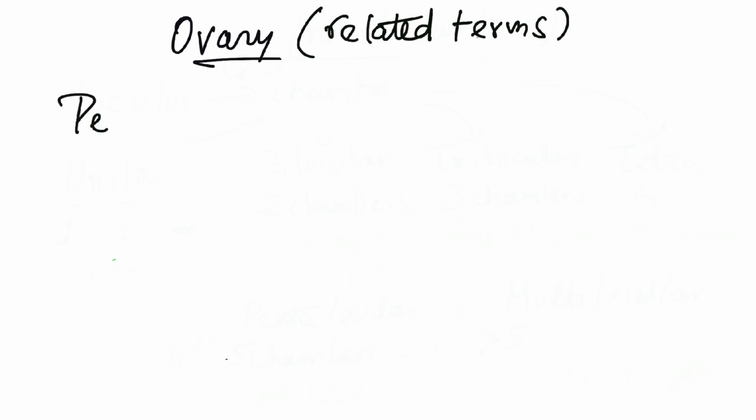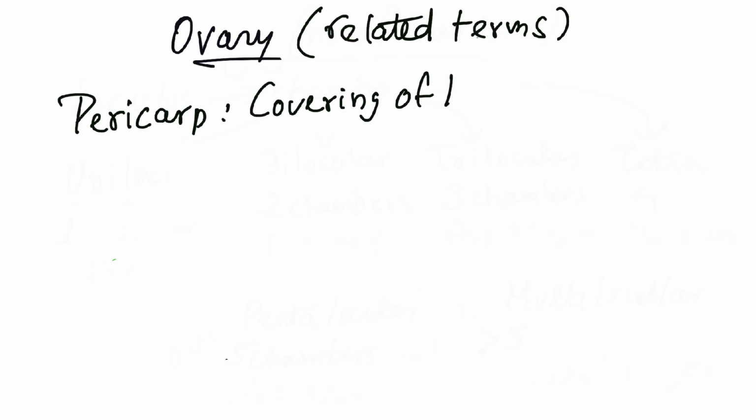Now let's look at other divisions, and before going to that, some related important terms which we have to remember in this particular examination. One term is pericarp. Pericarp, as far as the gynoecium is concerned, refers to the covering of the wall of the ovary. This is very important when we'll be discussing and learning about fruits.